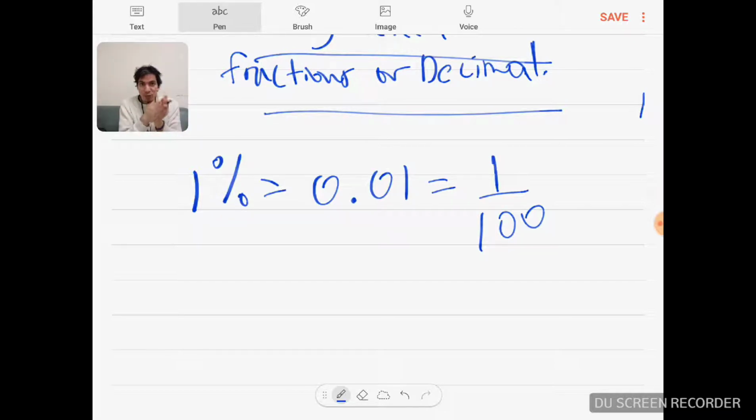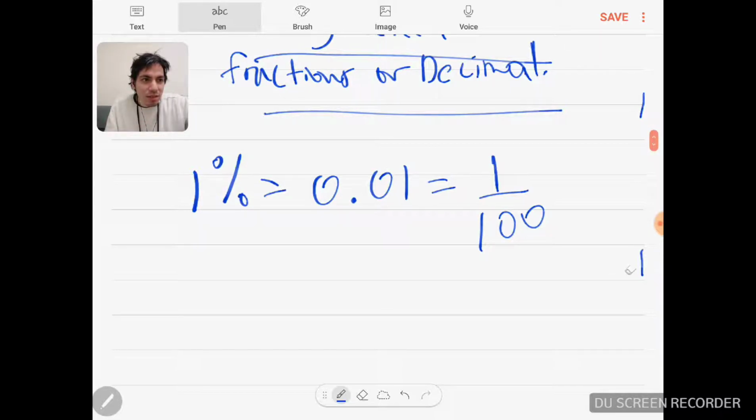You're able to shift from percent world to the decimal world and the fraction world and vice versa in any order you'd like. That's why it's important to understand these 3 tools, and I'm probably going to rewrite them again in each part so you have them in mind all the time.